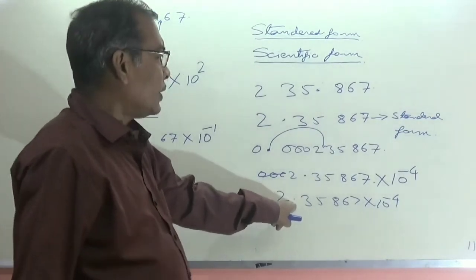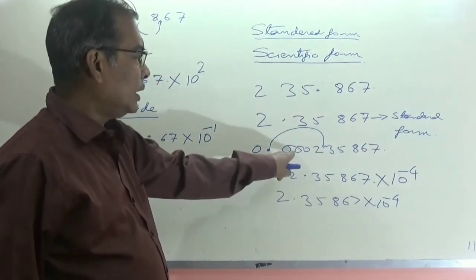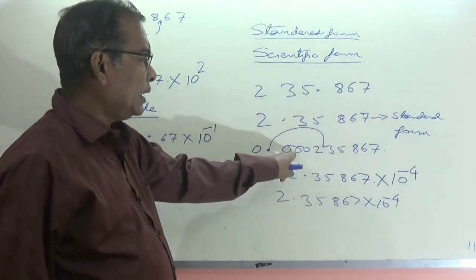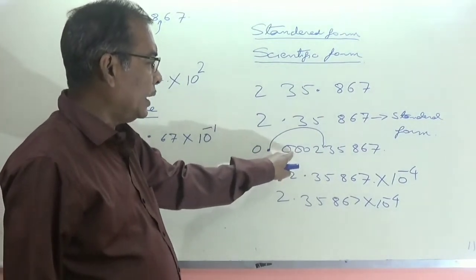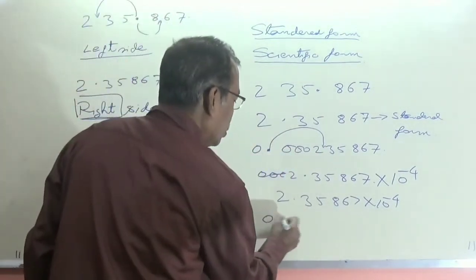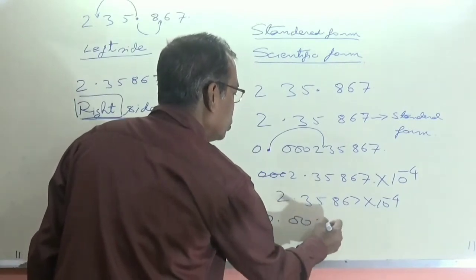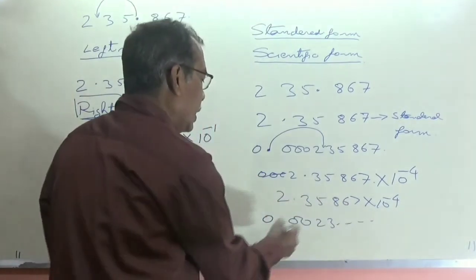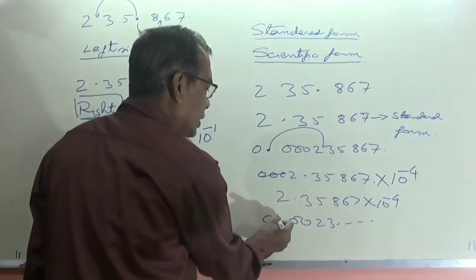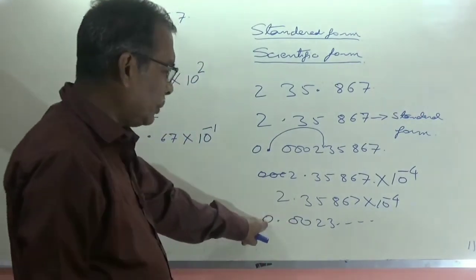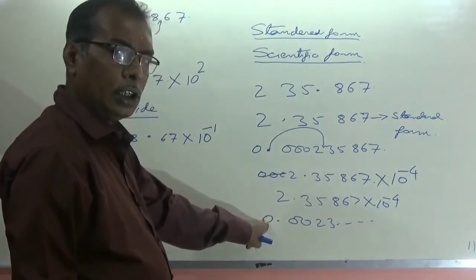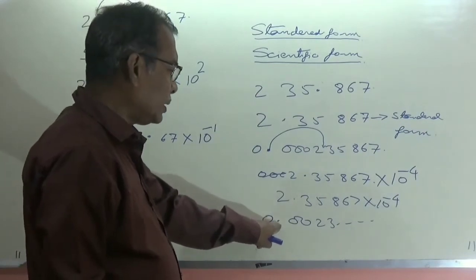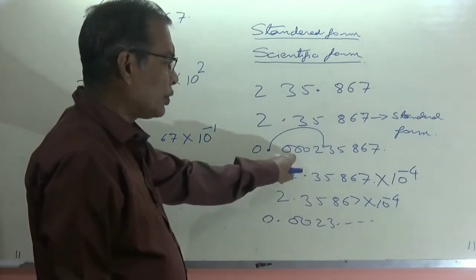Now you can say, sir, why not this number, where the decimal is coming here? Then in that case 0.0023 something will come, and the decimal is coming here. Then this is not an integer, it is 0 only. So shifting the decimal here is useless.